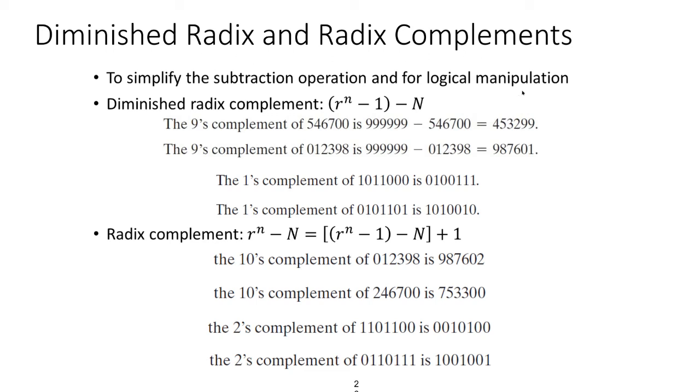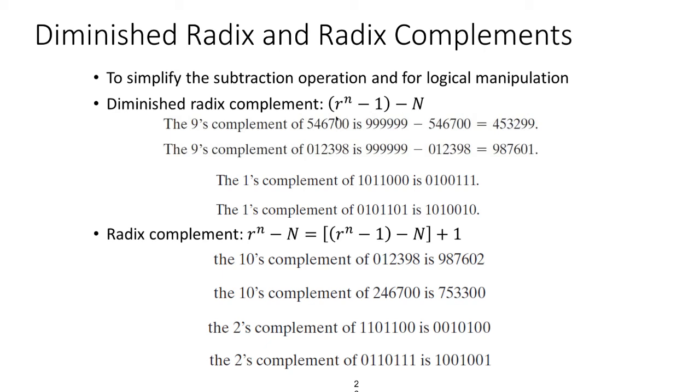After that, we'll perform the arithmetic operations of the addition or the subtraction. So the general form of the equation for the diminished radix complement and then the radix complement, we'll look at both of those.